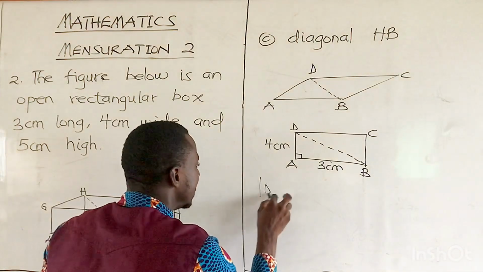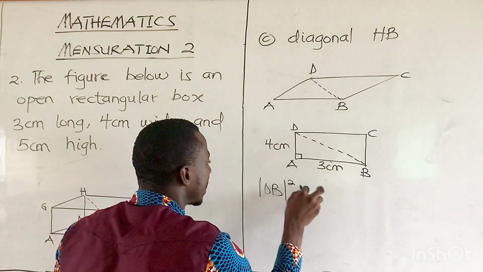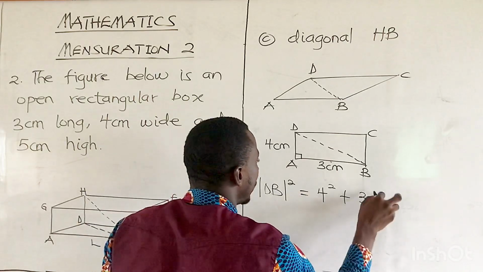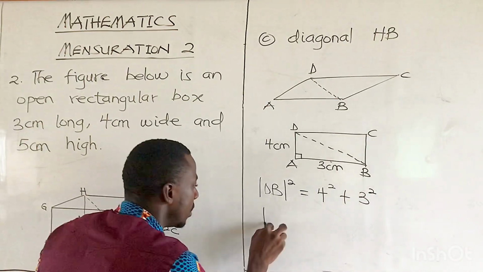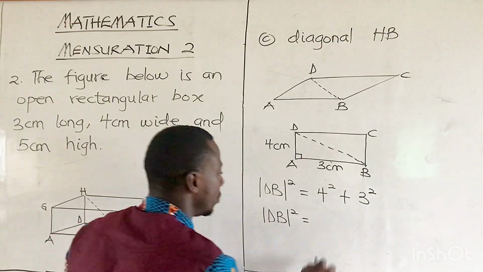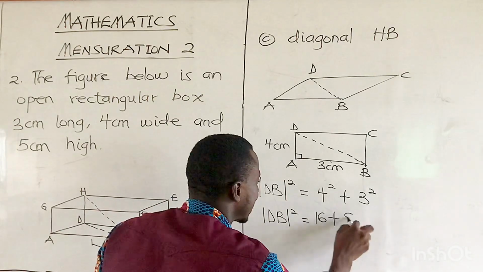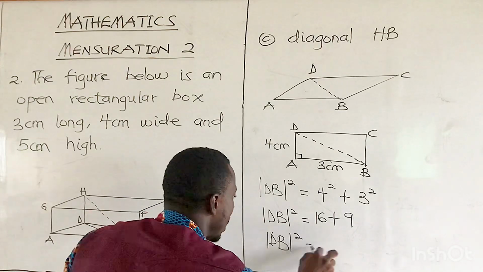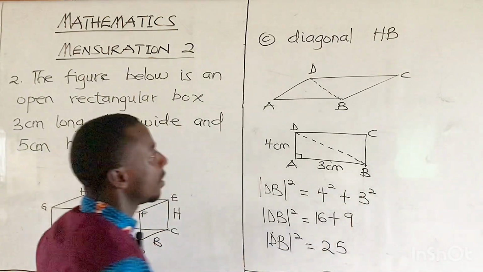So we have DB squared is equal to 4 squared plus 3 squared. We still have DB squared, which is equal to 16 plus 9. Then DB squared, we have 25.